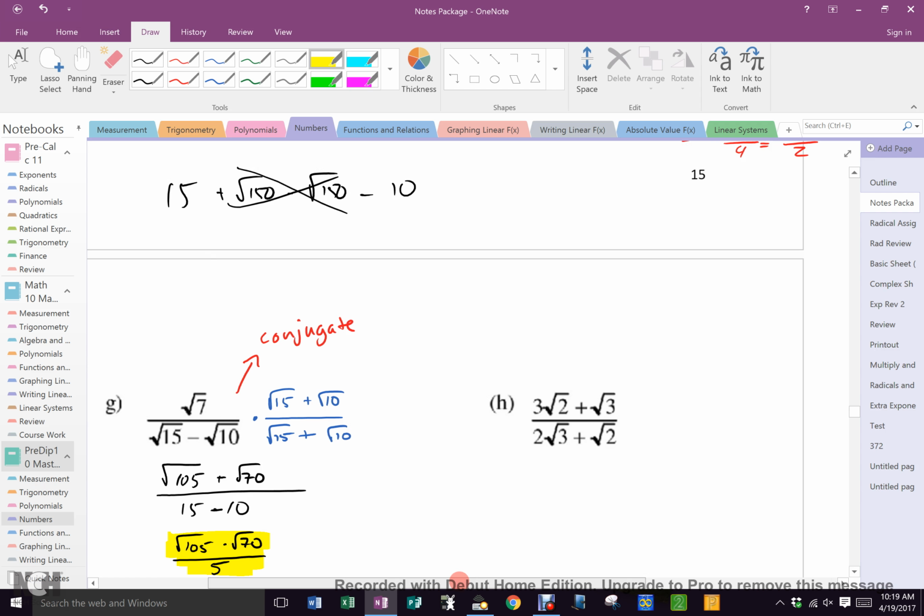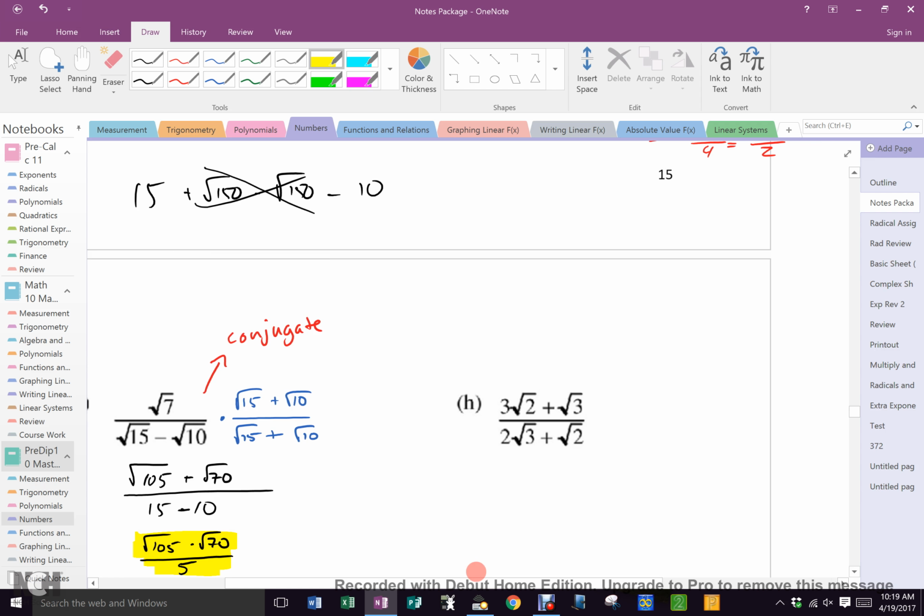Okay. Now, H is where we have to come to something that makes us think. What do I need to get rid of on the bottom? I need to get rid of a root 3, and I need to get rid of what? A root 2. And if I want to get rid of it, the sign has to change, yes? Now, if we follow Tavleen's idea of only doing the radicals, will that work here?